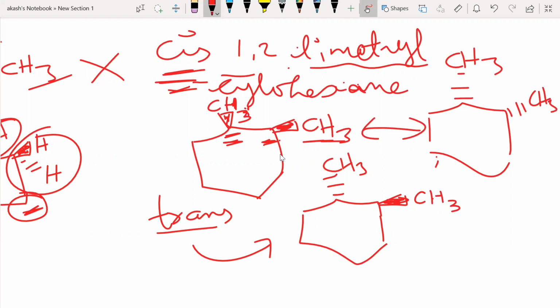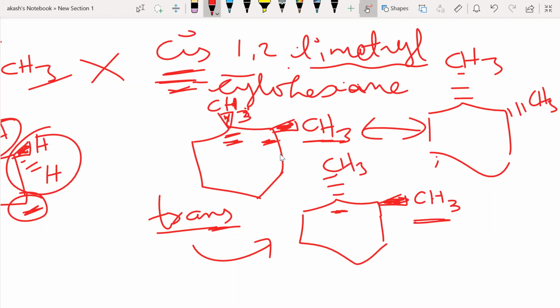So both are the same, cis. But in case of trans, if you put the first methyl group pointing away from you, you have to put the next one opposite. That is, this methyl group should be pointing towards you. Cis and trans.